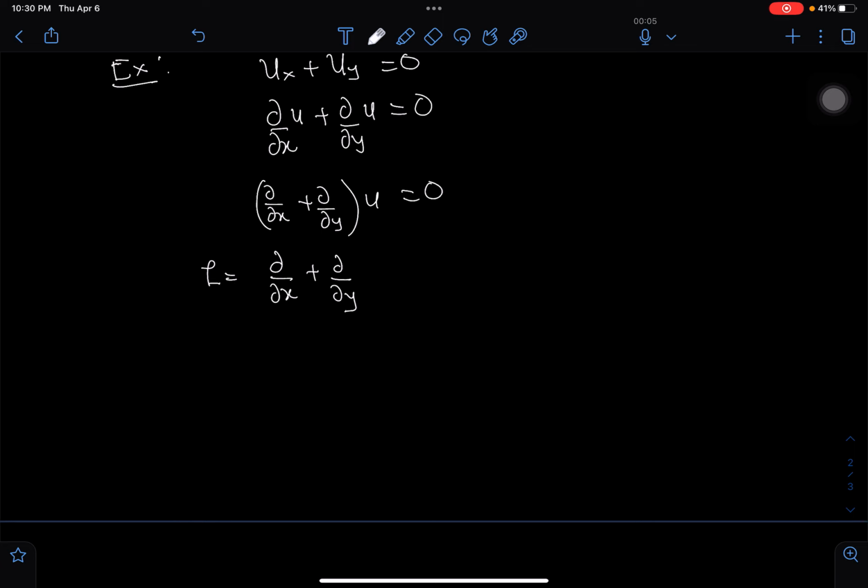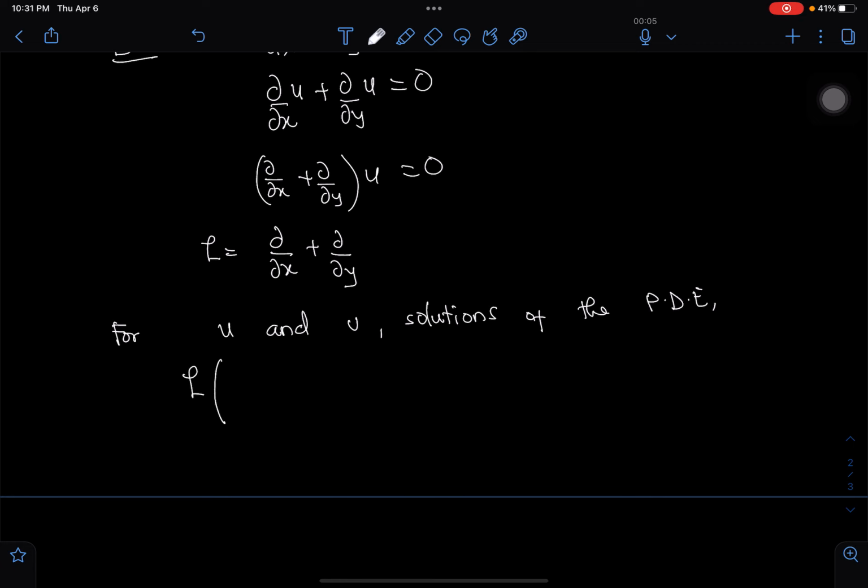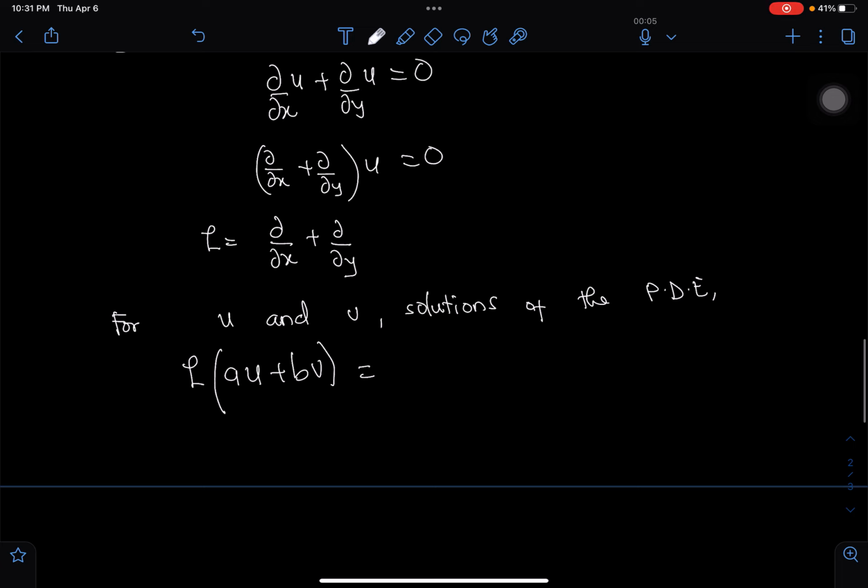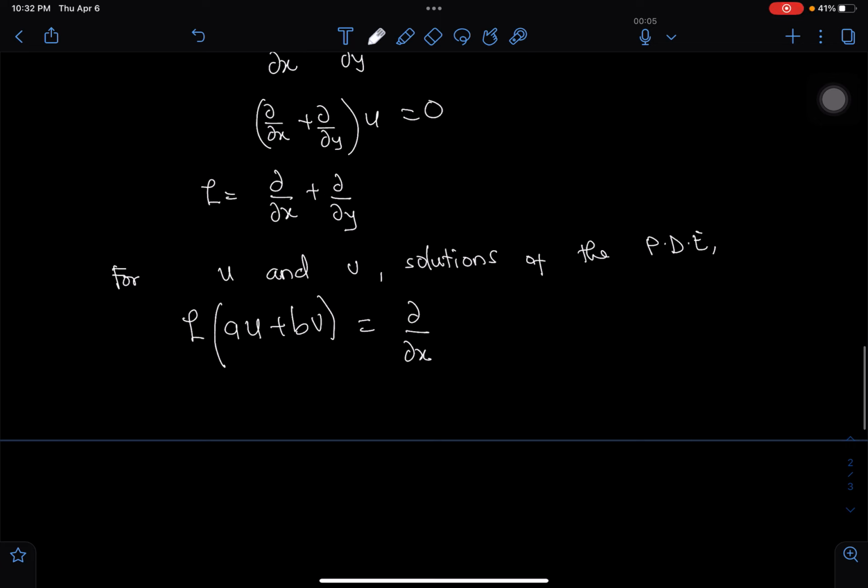So that's your operator. If this is going to be linear, then we know that for u and v solutions of the PDE, we want to do L of a u plus b v, and that is del x plus del y multiplying a u plus b v.